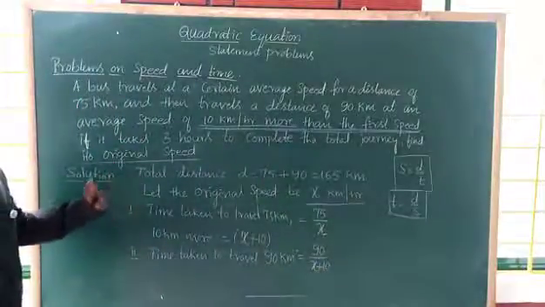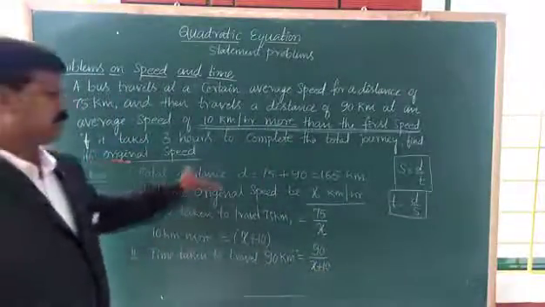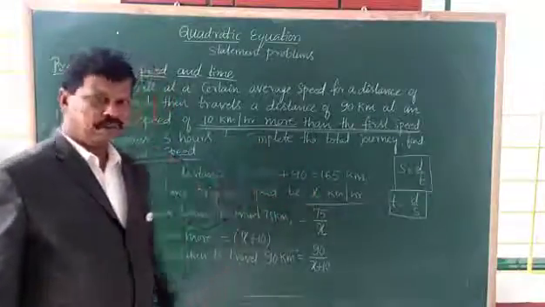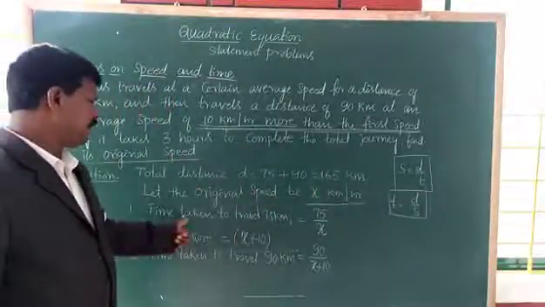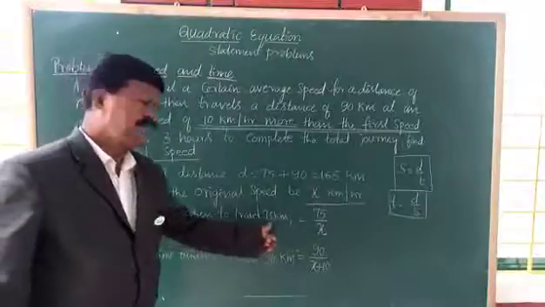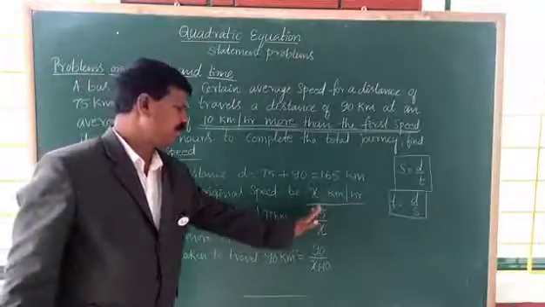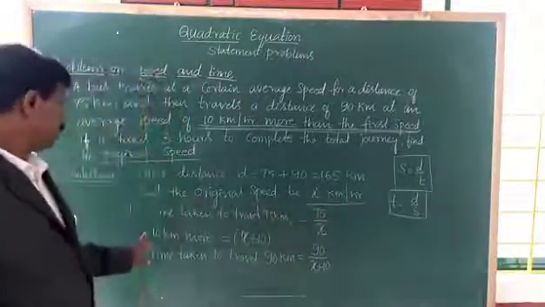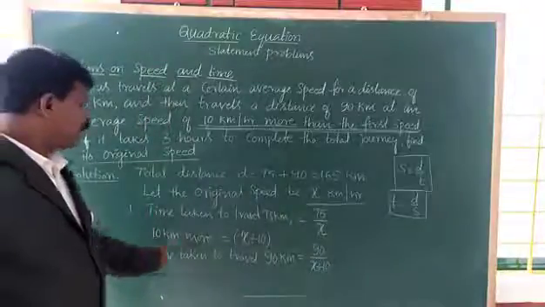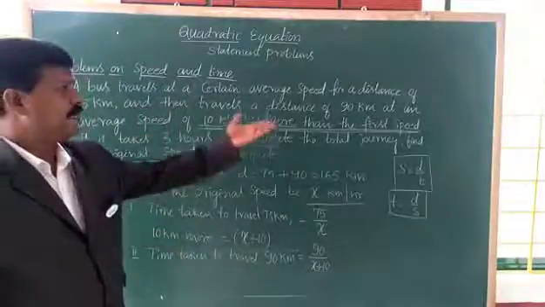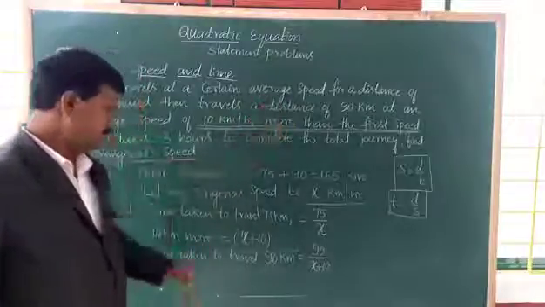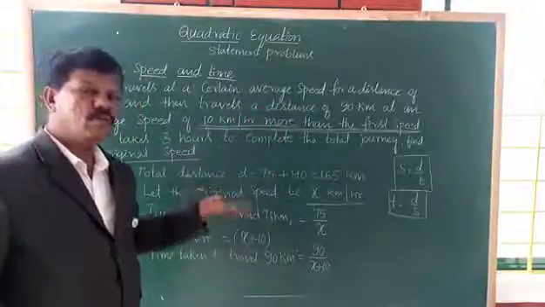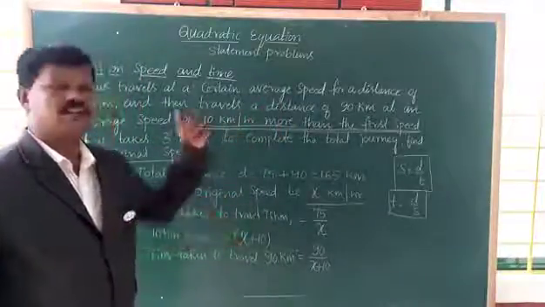Are you followed? First, let us take the original speed to be x kilometer per hour. Then time taken to travel 75 kilometers is given by 75 by x. Then 10 kilometer more for the second journey, 90 kilometers. It takes 10 kilometer more speed than the first one.